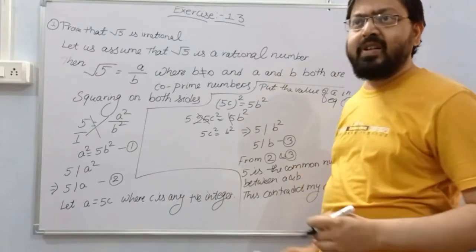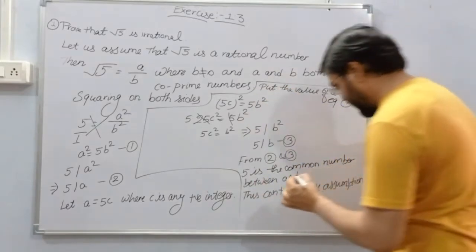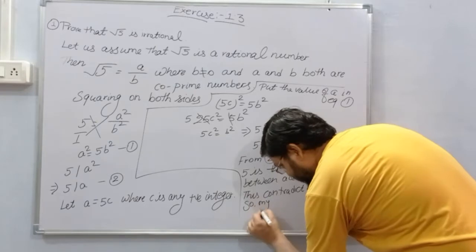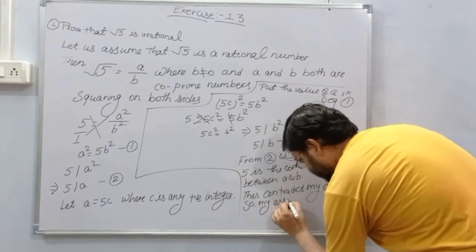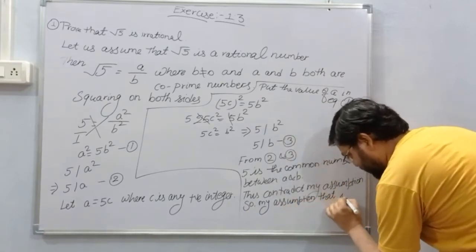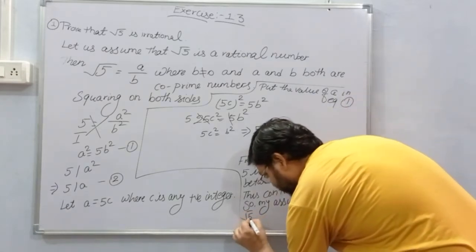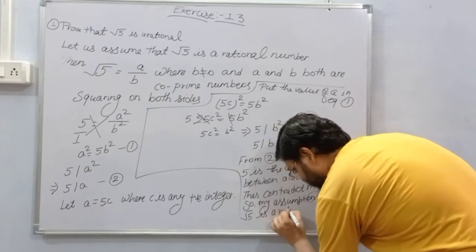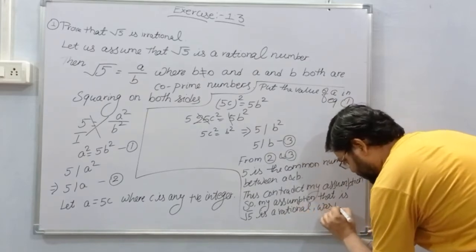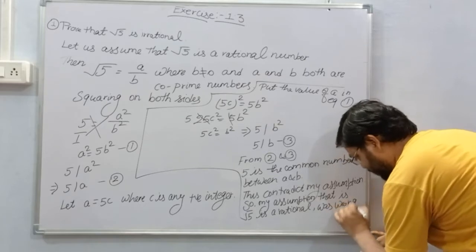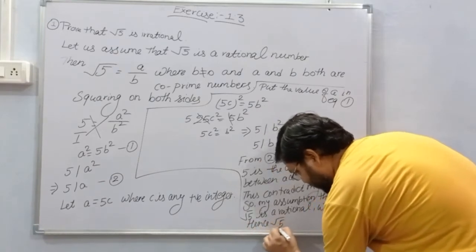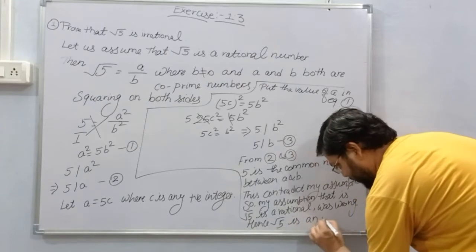It means root 5 is irrational. So, my assumption that root 5 is rational was wrong. Hence, root 5 is an irrational.